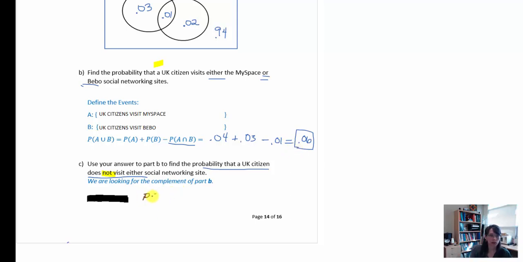So the complement of the probability of A union B: 1 minus 0.06 would equal 0.94.